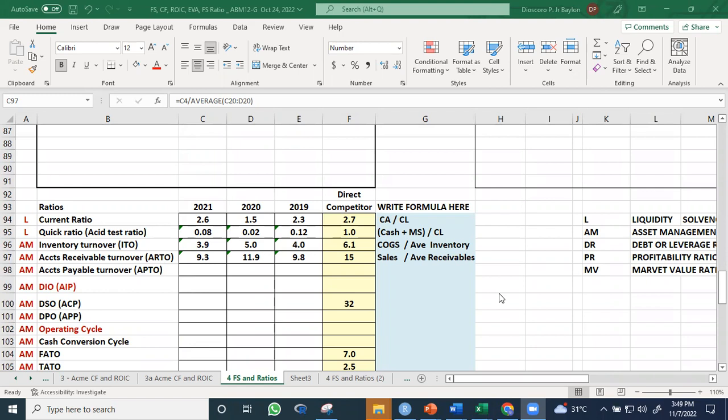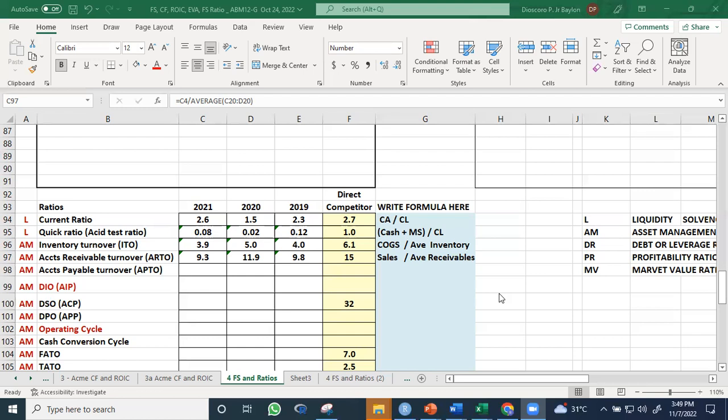Next year, ganun din, di ba? Parang may mga cash sales din naman next year at saka may credit sales din. Right? So it will just even out. So it will not be so much of a factor. But formula-wise, yeah, if you have the details of the credit sales, theoretically, mas tama siya.